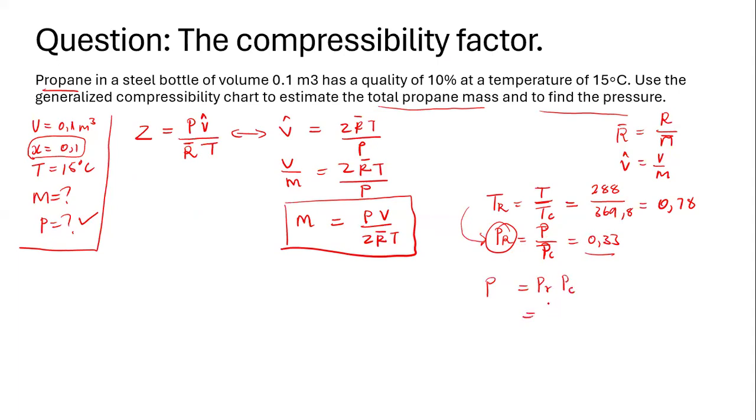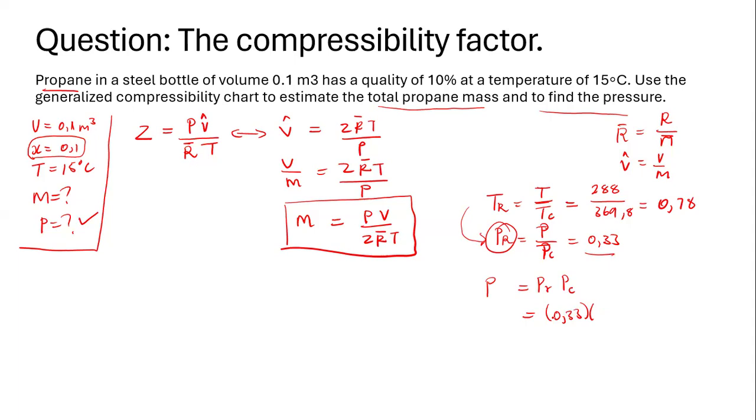So P reduced is going to be 0.33, and then P critical, remember, we found it from the table. It is very important, by the way, the P critical that I got over there was in megapascals, right? So we need to be careful about that. Are we using megapascals or kilopascals?